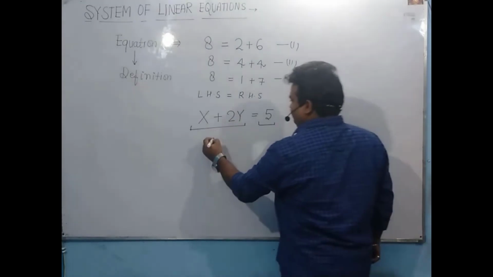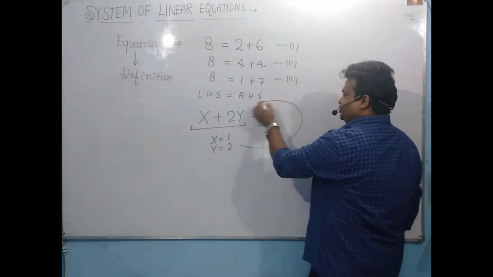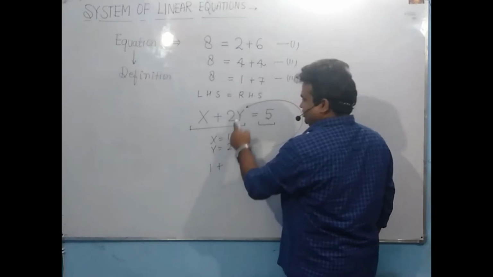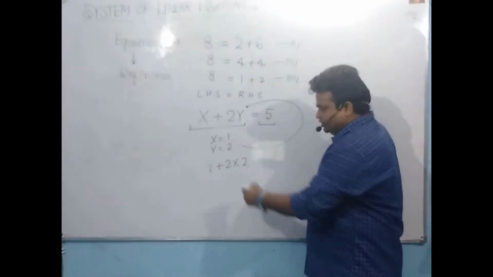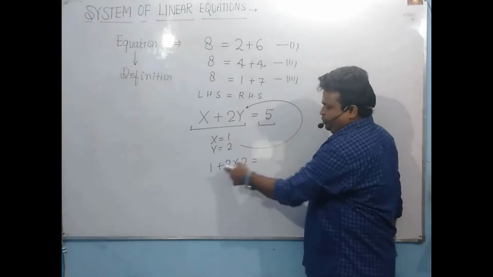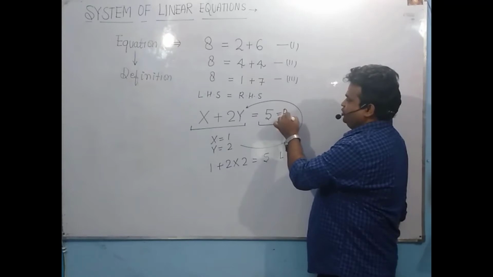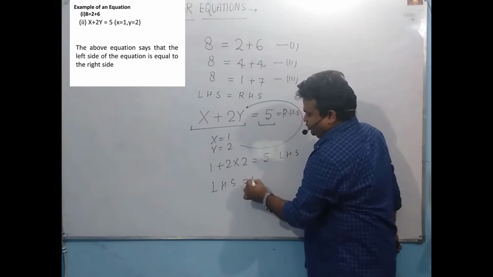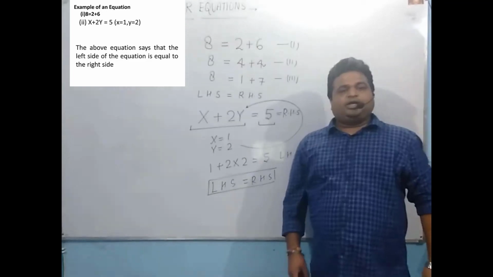For instance, if I put x equal to 1 and y equal to 2 in this equation, what will you get? 1 plus 2 multiplied by 2, that is 1 plus 2 into 2, which is 1 plus 4, equal to 5. This is my left hand side value, and the right hand side value is also 5. So again the left hand side value is equal to the right hand side value, and this is also an example of equation.